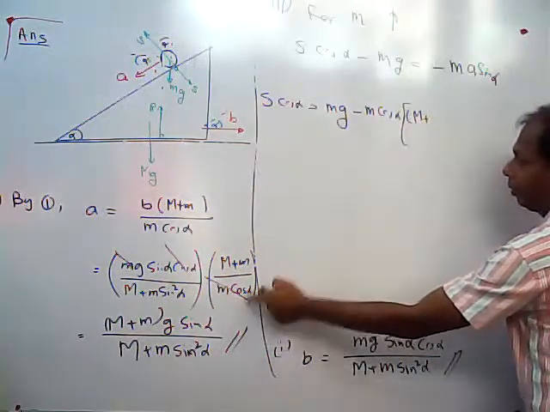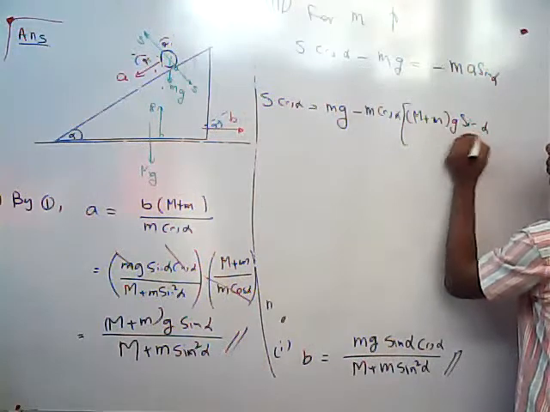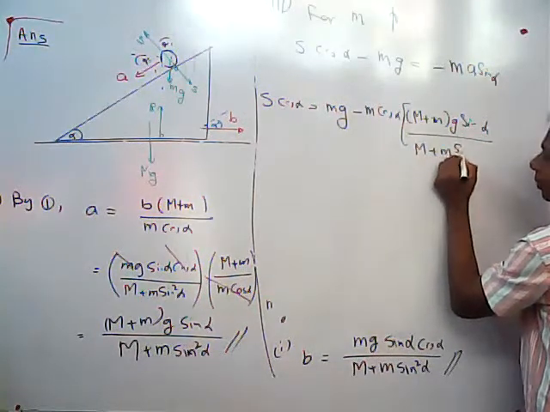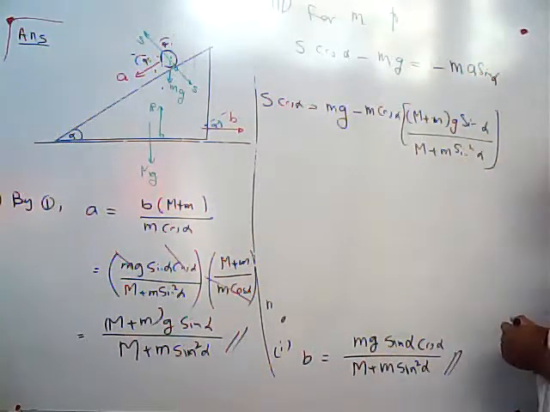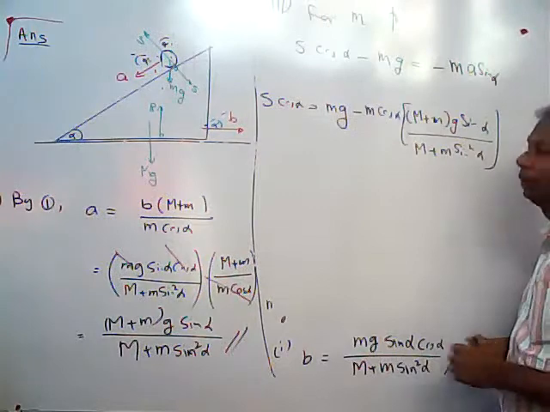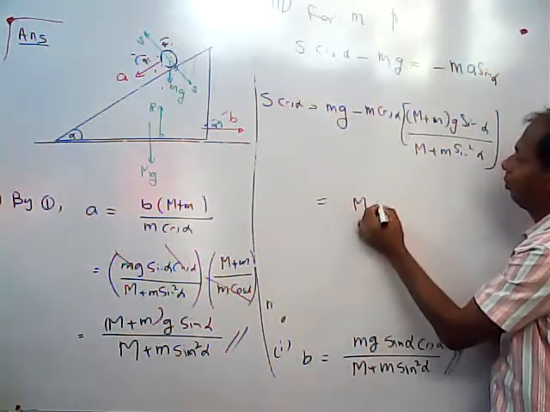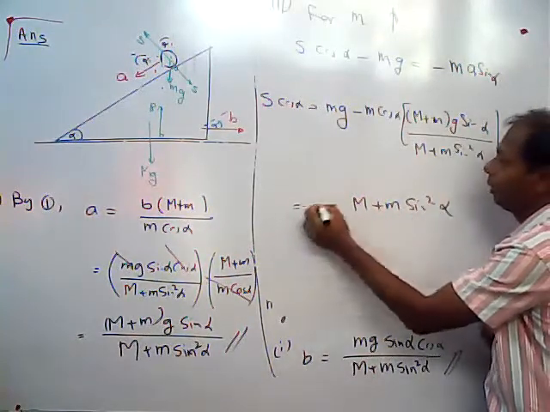We found A earlier, now I am substituting that: M plus m g sin alpha over m plus M sin squared alpha. Take the common denominator and simplify. M plus M sin squared alpha is the common denominator.